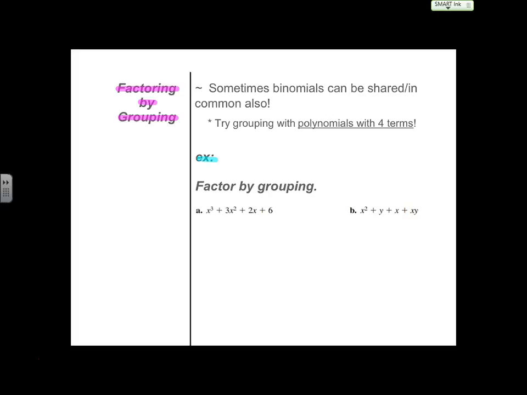My people that were absent, you guys need correction papers. 7.8 is what we're doing right now.